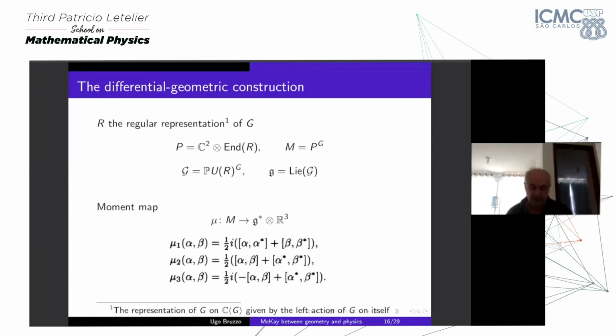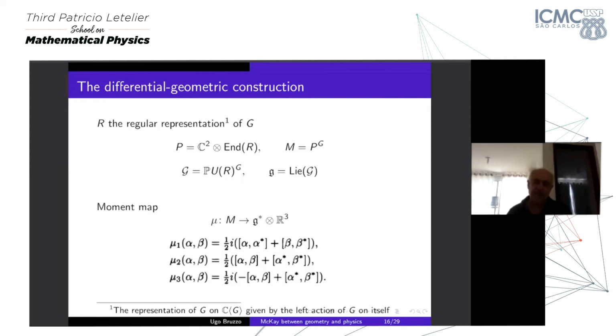The regular representation is so what you do is the following. You take the so-called group algebra. It's written here at the bottom of the slide in the footnote. You take the group algebra, namely, you take the vector space generated by the elements of the group. Okay, so an element here is a formal sum of elements of the group with some complex coefficients.